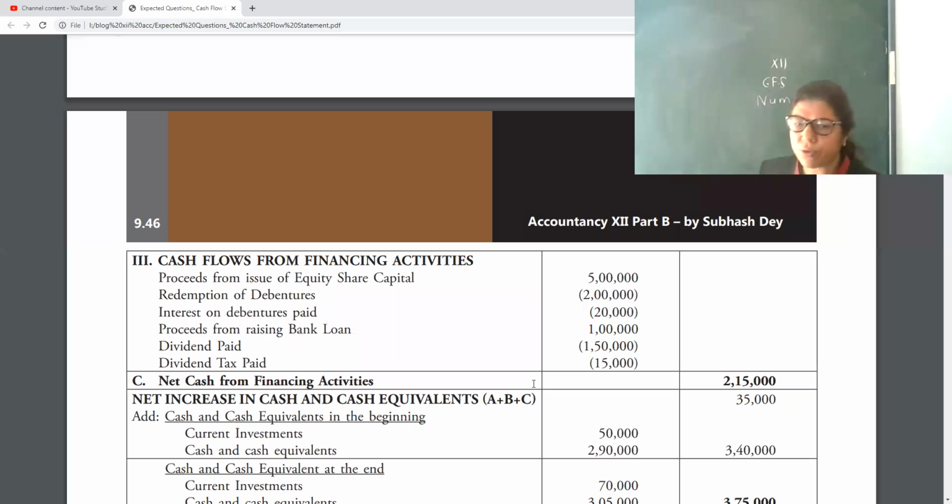Okay, I'll explain. See, 5 lakh plus 1 lakh. First segregate the positive, that is 6 lakh. Now negative: add negative 2 lakh, 20,000, 150, 50, 3 lakh 85.